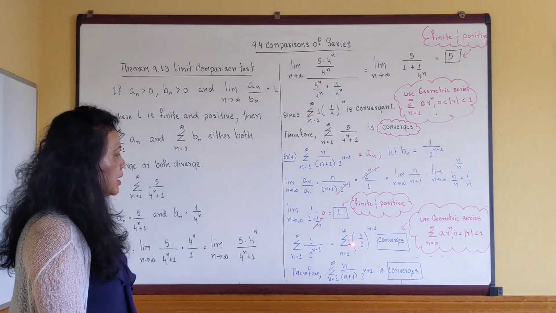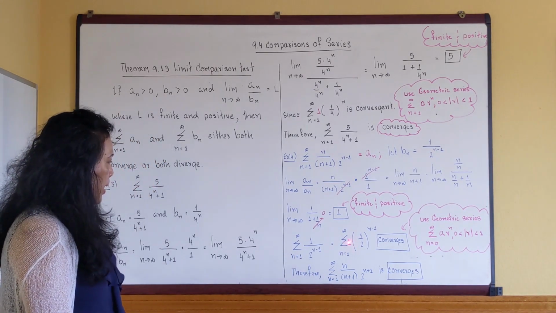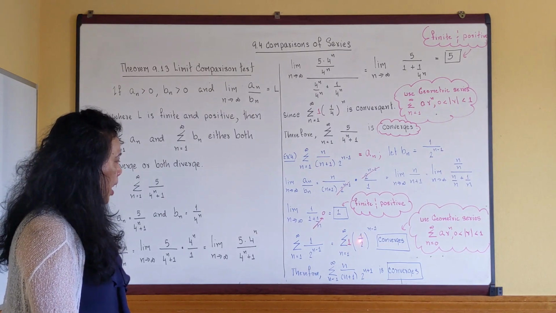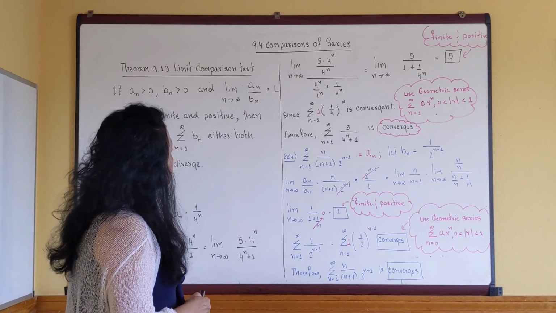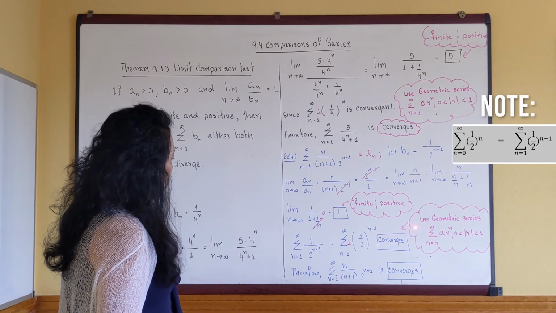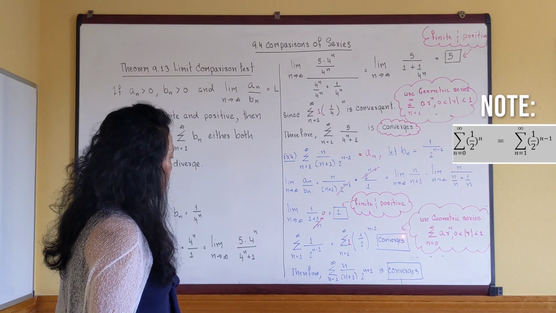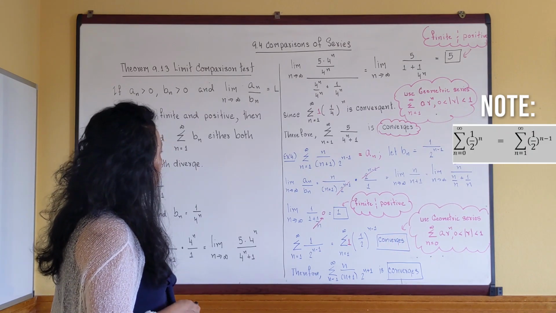I just rewrite it to fit the geometric series. My a is 1 and my r is 1/2, to the n. My r is between 0 and 1, so the series converges.